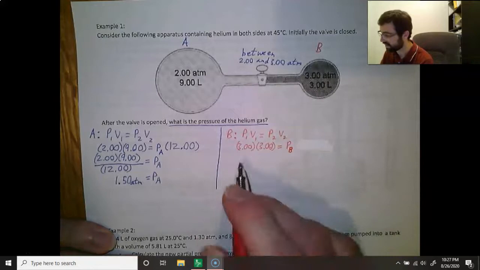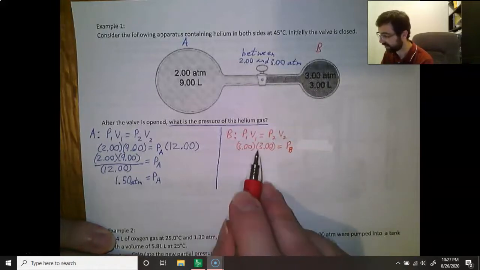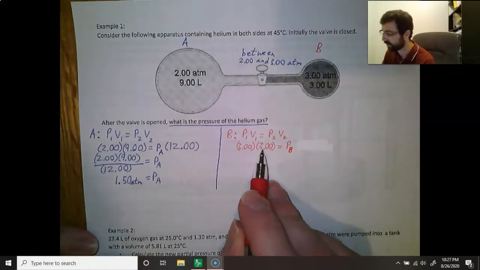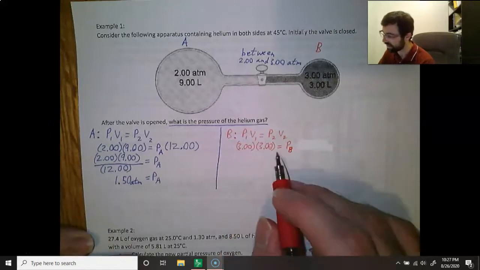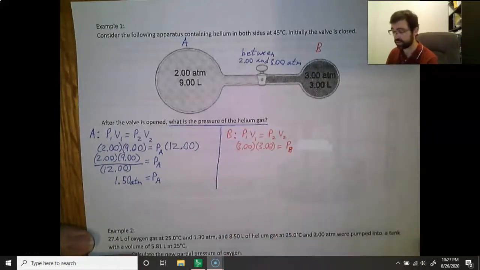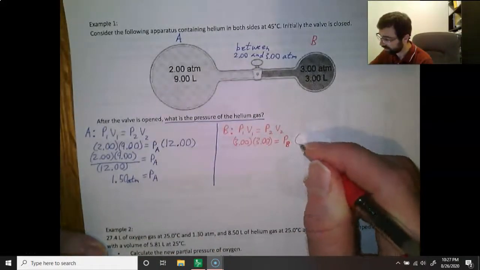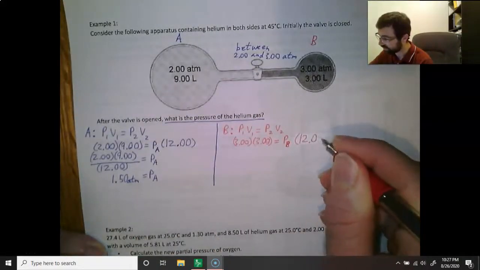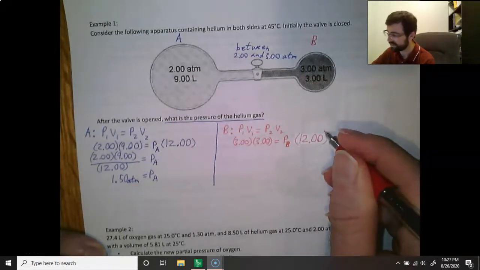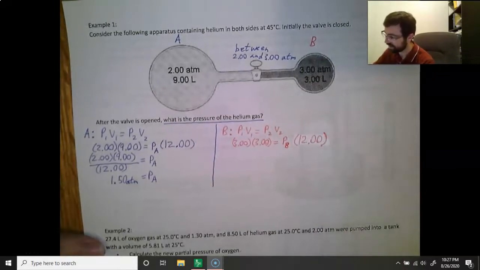So I have 3.00 atmospheres times 3.00 liters equals PB times the new volume, which would be 9 plus 3. Again, that's 12.00 liters. Okay.